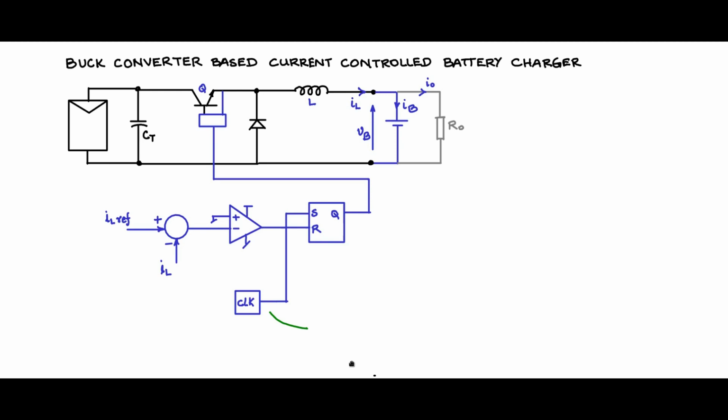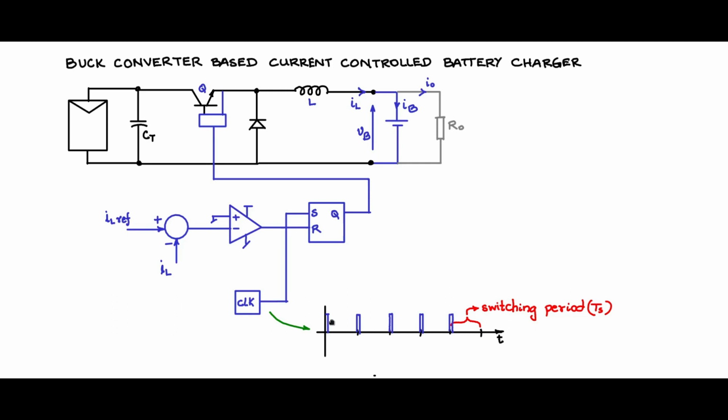How does this clock look like? So let me have the time. So I will mark the ticks. Each of the tick space is the switching time period TS. Okay, so the clock is in this fashion. At the beginning of every switching time period, you will have a very narrow, very small duty cycle pulse coming like that, at the same period, the period being defined by this clock.